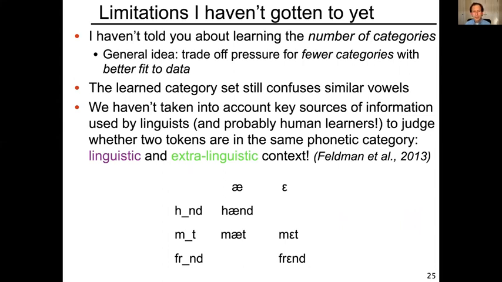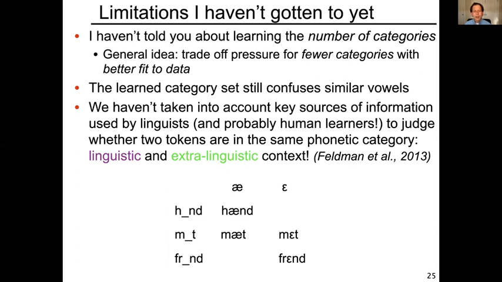Now, as you saw before, the learned category set still confuses similar vowels. One reason for this is that this model has not taken into account key sources of information that both linguists and probably human learners use to judge whether 2 phonetic input tokens are in the same category, and that's linguistic and extra-linguistic context. Just to give you a conceptual illustration, let's take these confusable vowels in the first 2 formant spaces, and look at the kinds of linguistic contexts they appear in, in terms of their neighboring sounds.